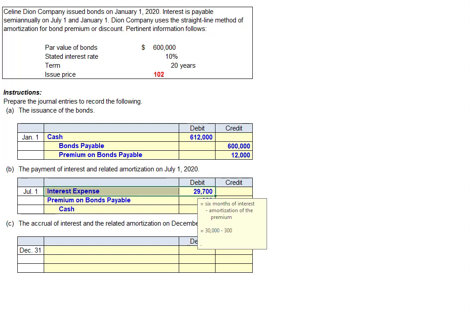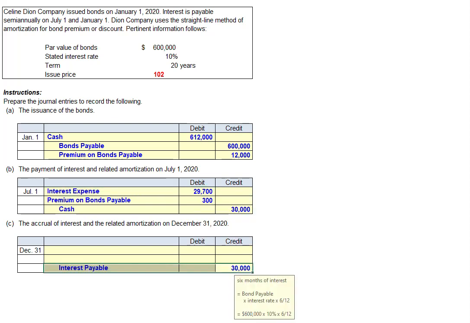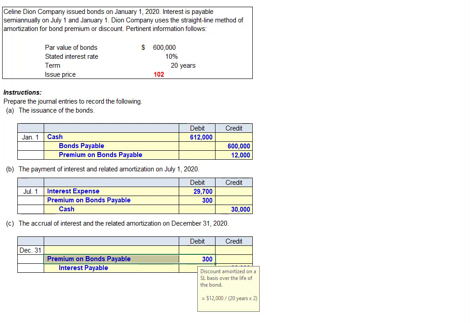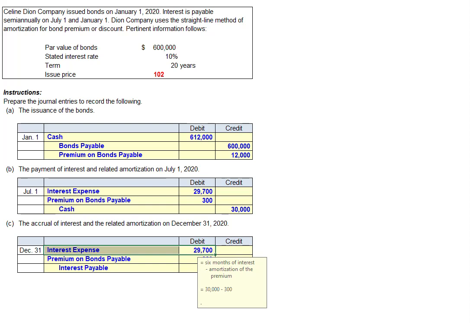On December 31st, we actually don't have to pay interest, but we have interest payable, again, in the amount of $30,000. We'll pay that interest on January 1st. Once again, we will amortize $300 in premium on our bonds payable, and we will record interest expense for that 6-month period in an amount of $29,700.